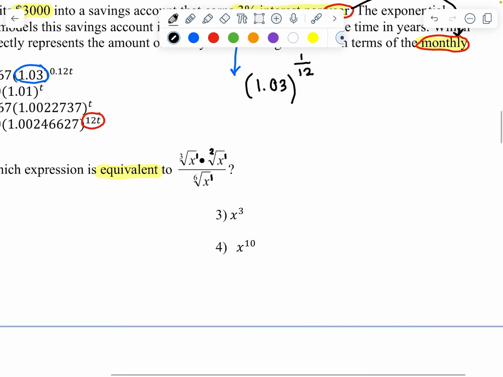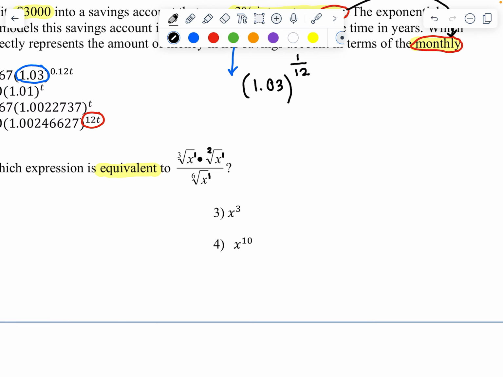All right, so let's change what we have here. So far, we have x. 1 is at the top of the list, 3 is at the bottom of the list. 1 is at the top of the list, 2 is at the bottom of the list. 1 is at the top of the list, 6 is at the bottom of the list.